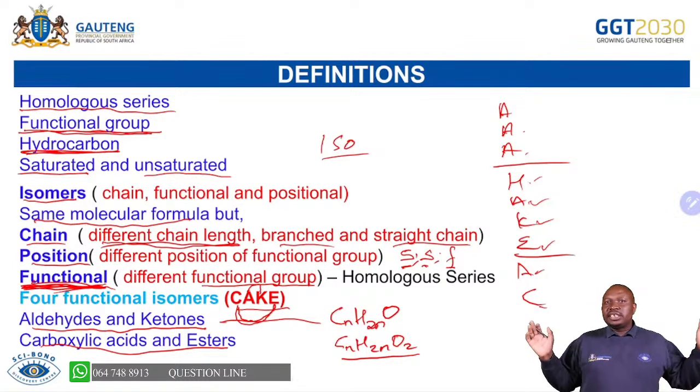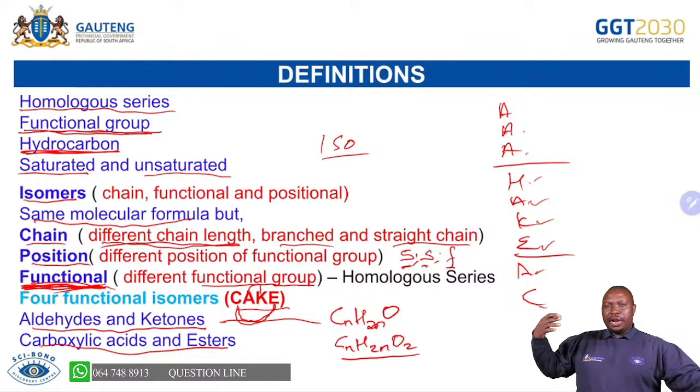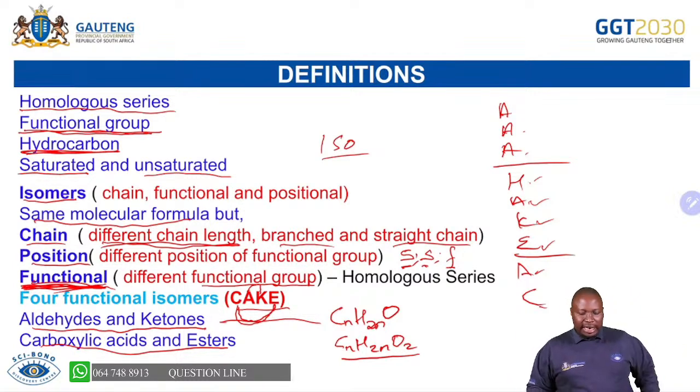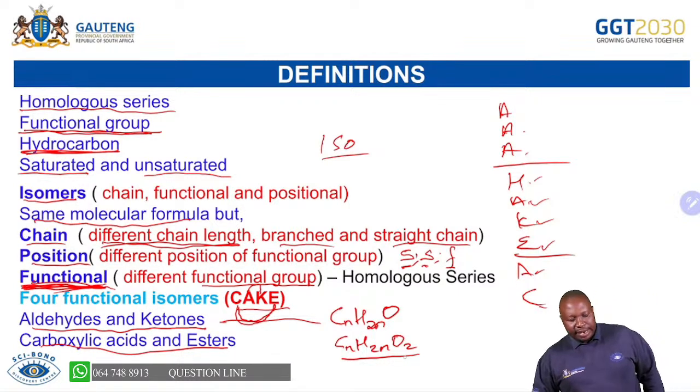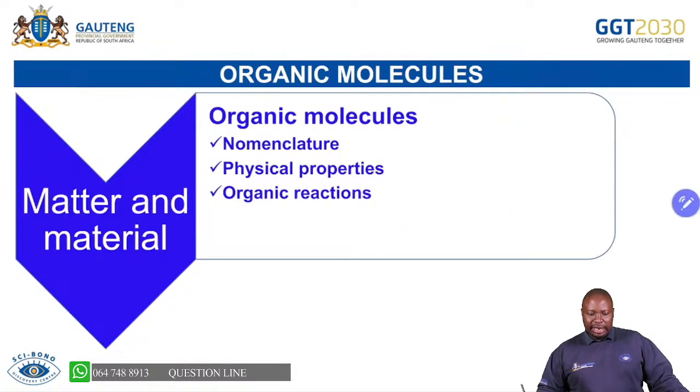So immediately when you see a structure with 2 oxygens, you know it's either a carboxylic acid or an ester. So please, always when you see that the general formula is CnH2nO2, you know that must be one of those. So I hope you will always remember these functional isomers as well, because it's one of the things that you find being asked about in the exams.